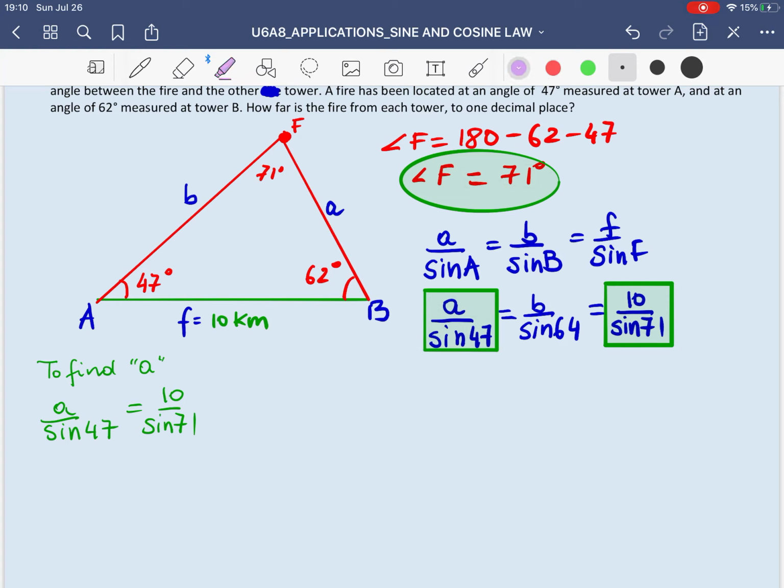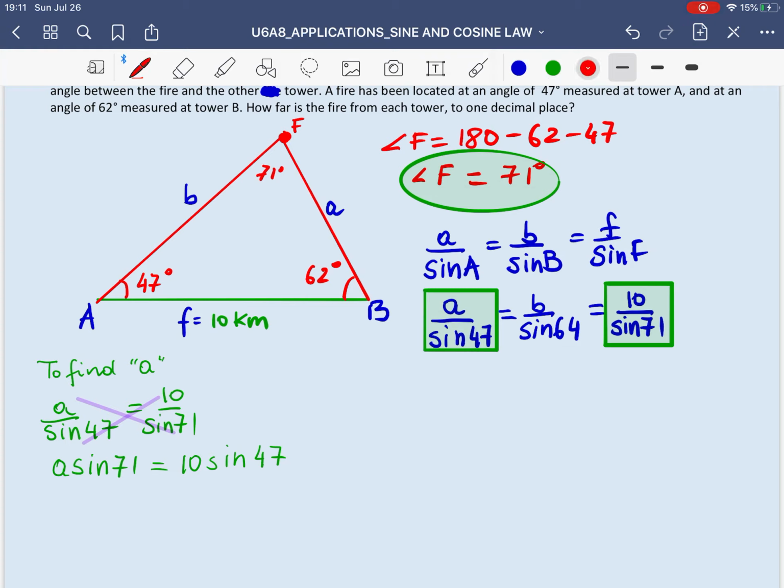We have only one fraction on each side of the equation, and we're going to have A sine 71. Always remember to multiply by the variable A sine of 71 first. I do that only because I like to keep my variables on the left side of the equation. And then 10 sine 47 will go to the other side.